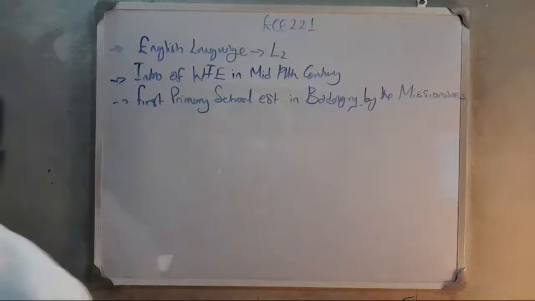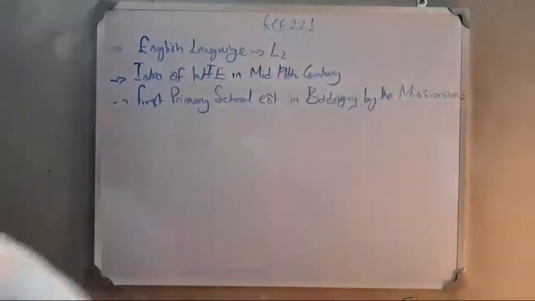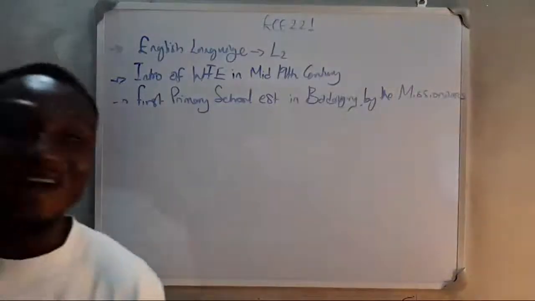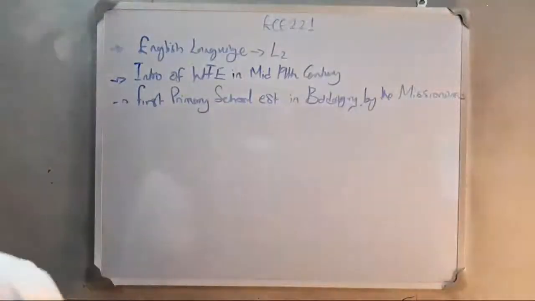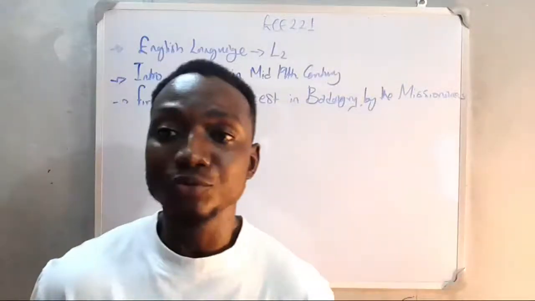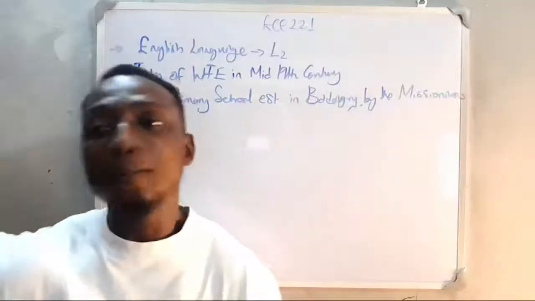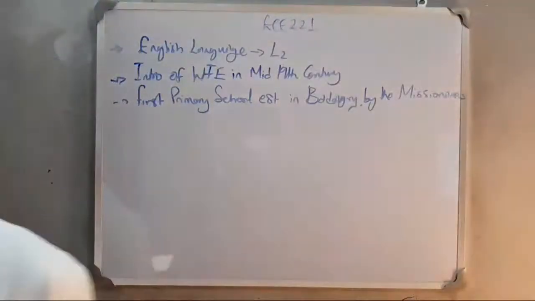Missionaries came to Nigeria, came to Africa to preach the good tidings, and it was realized that the people they were preaching to did not understand their language. Even when they converted some of them through good character and acts, they could not read the Bible. And that is a big problem.